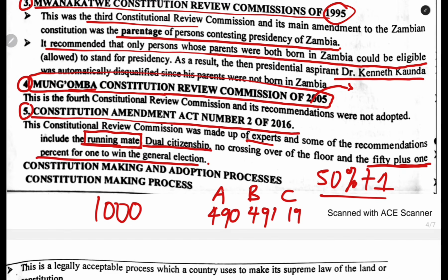Now what I'm concerned about is candidates A and B. In the past, the one who gets the majority of votes becomes the president. So in this case, candidate B automatically wins the election. But if you add the votes for A and C, you find that most of the people rejected candidate B, because the number of people that rejected candidate B is 509.